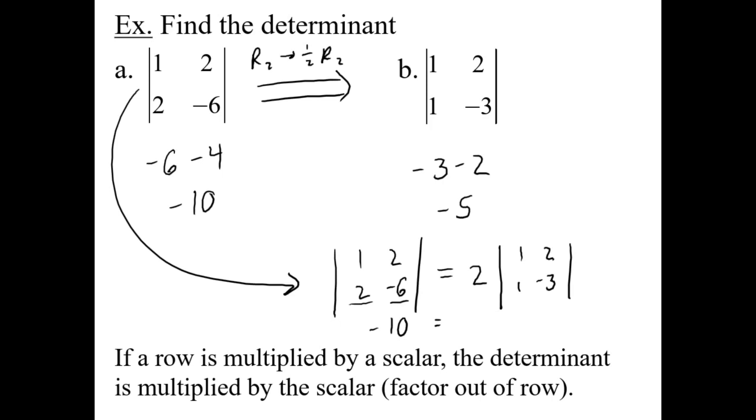And so notice we can think of that as 2 times the other determinant, which was -5. So the point here is if we can factor out a number from a row, great, factor it out, and then whatever you pulled out, don't forget to multiply that by the determinant of the one with the smaller numbers in it. So that's one way to think about it.